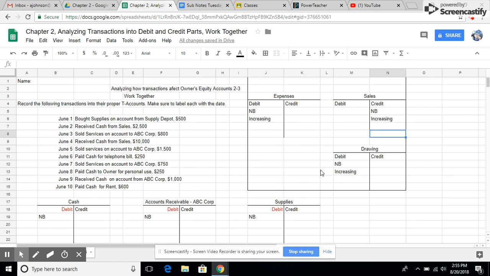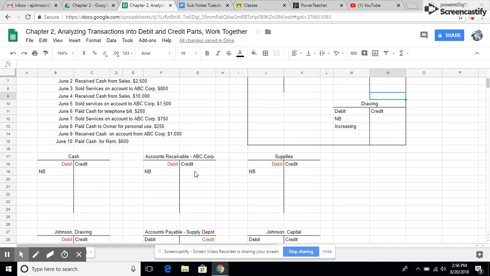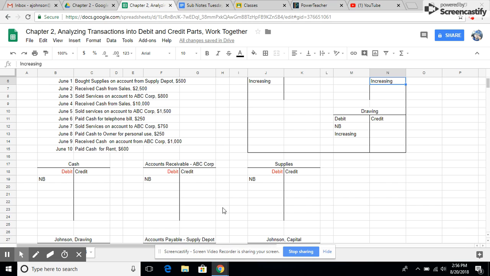So first, June 1st, bought supplies on account from Supply Depot. So we're buying supplies on account, so our supplies is going to increase. So we're going to have June 1st. Supplies is increasing, so the increase goes on the normal balance side, and that's $500.